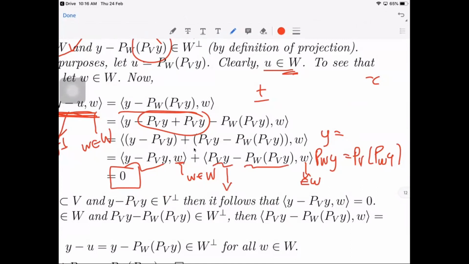And then kwaon nimo the projection of y unto w. Asa ni siya? Nani siya sa w.